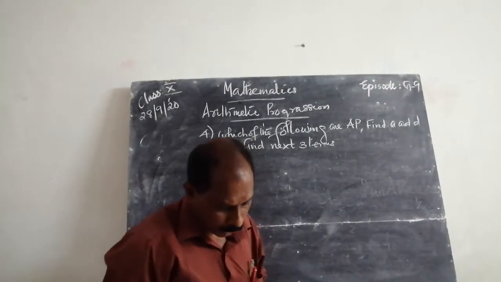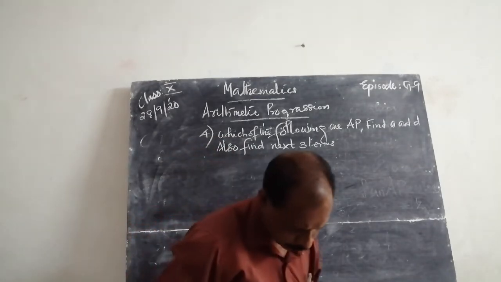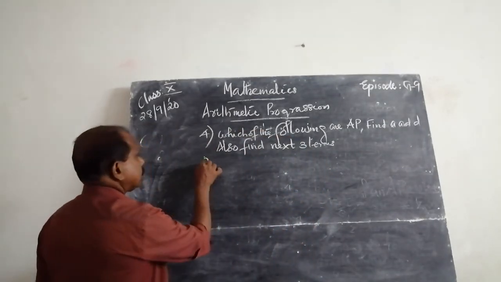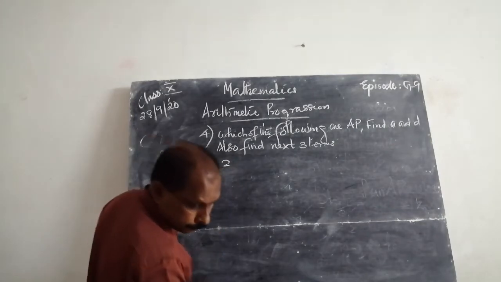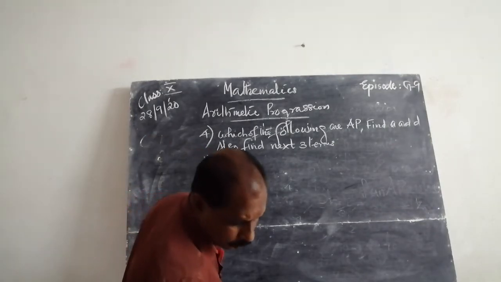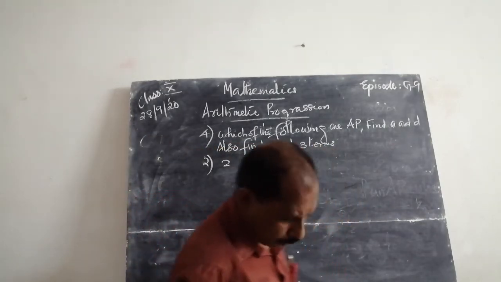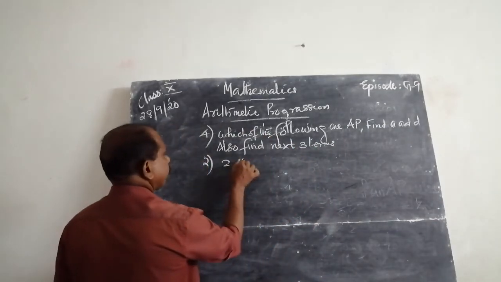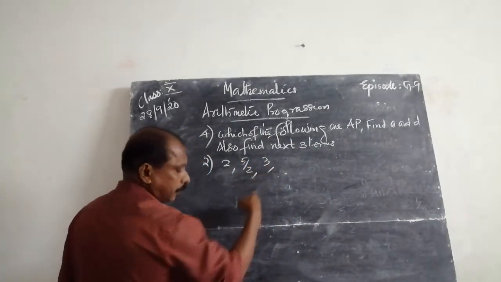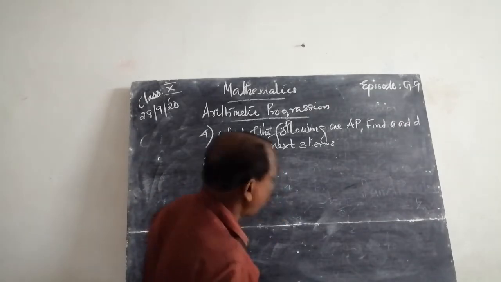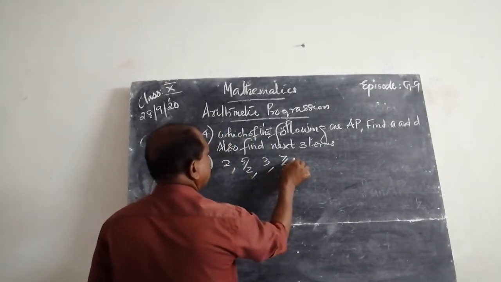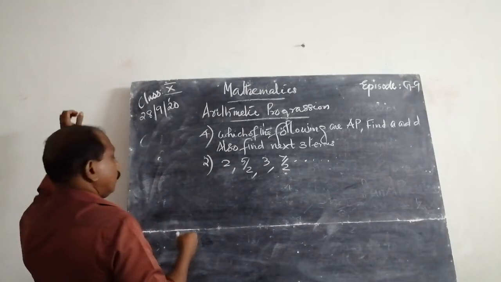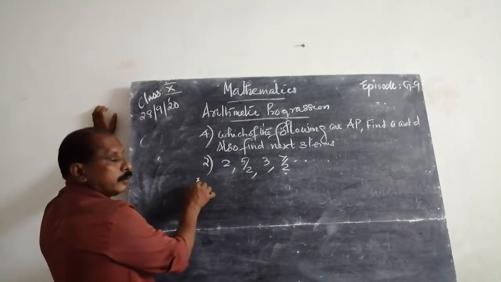Then the second question is 2, 5 by 2, 3, 7 by 2, etc. Then what is the answer?